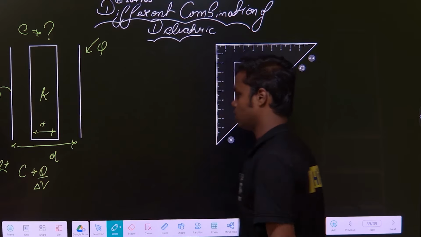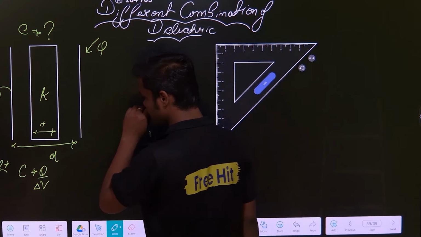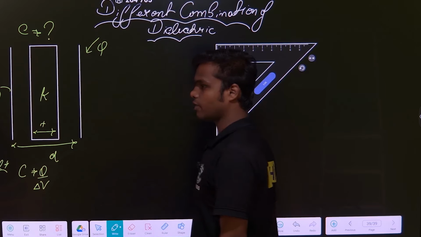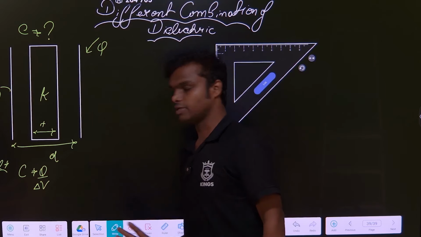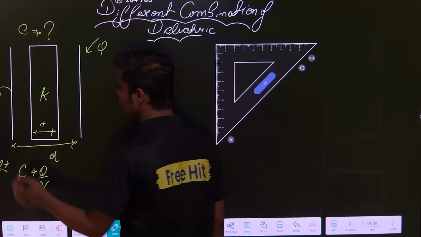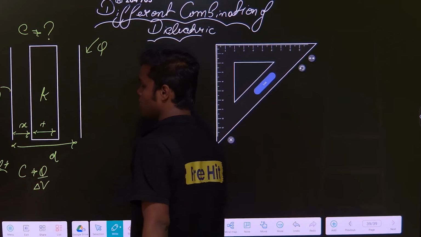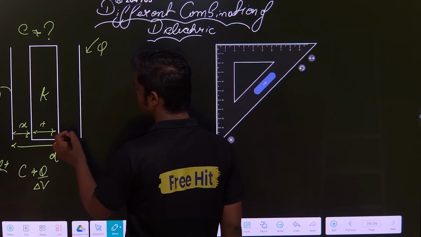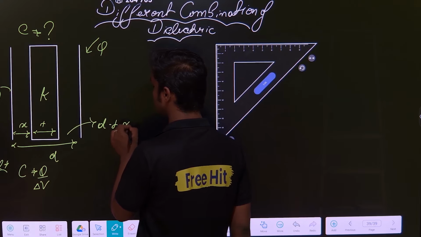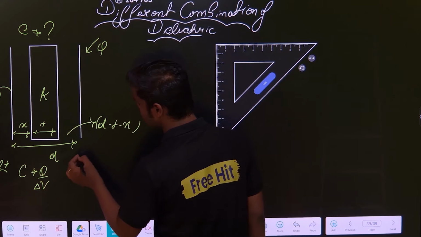So basically we have to find the potential difference. Let us consider this distance is x. Then this distance I can say is d minus t minus x.